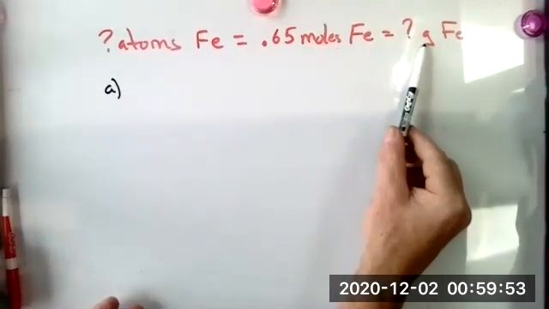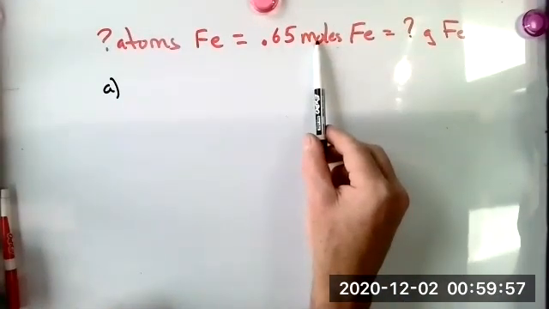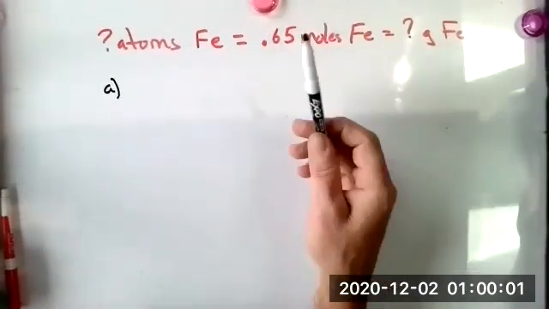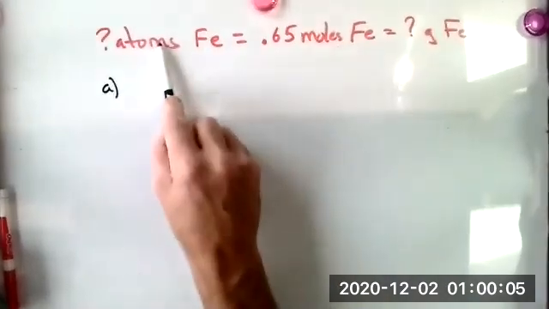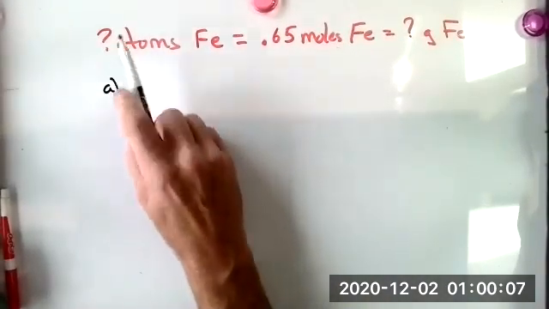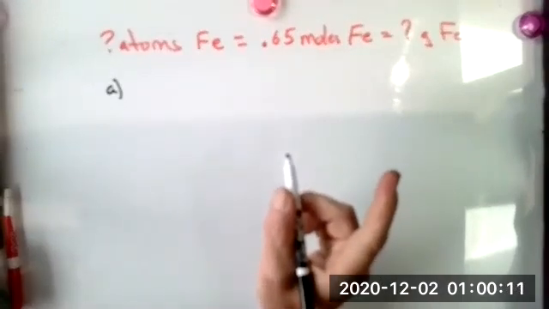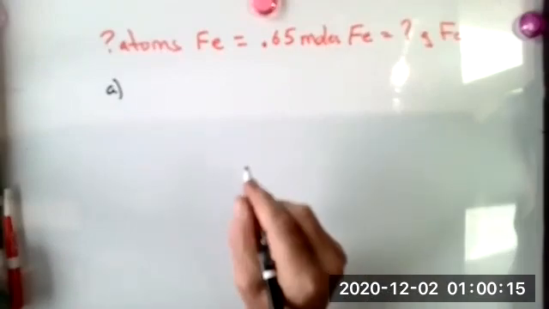It's up to you. The main thing is, once I have moles, it's easy because I can go left or right. So let's go back over here and grab this one. Let's get this question mark taken care of. I think if I were you, I would just watch and listen carefully to how I build this bridge.